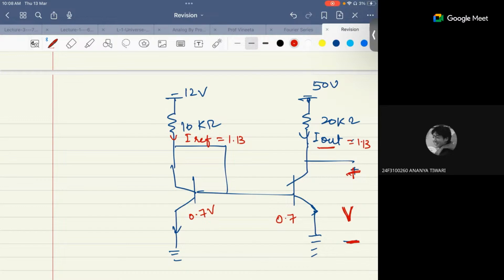So the drop that will happen here, the remaining drop will be the voltage. How much is that? 20 times 1.13. The remaining will be here, right?